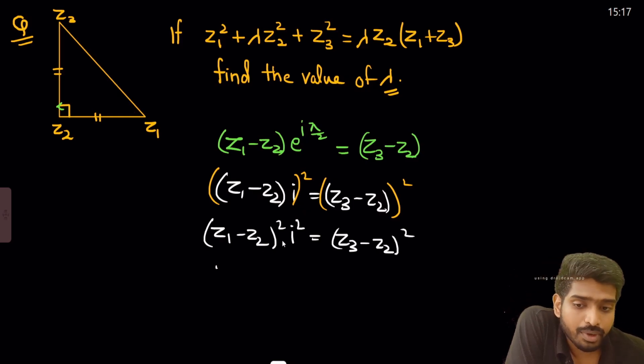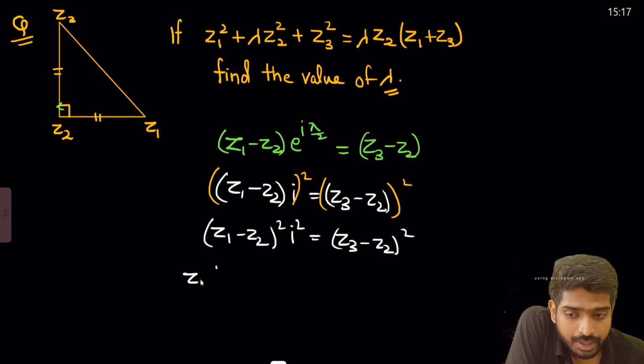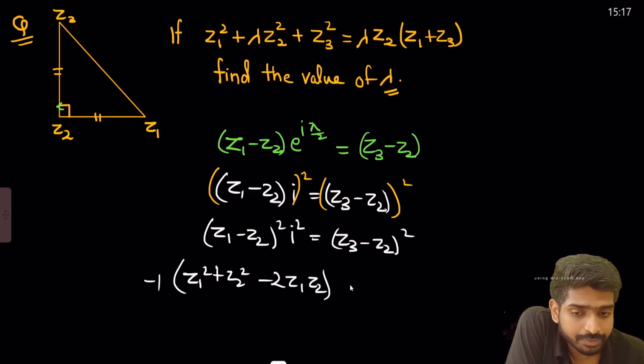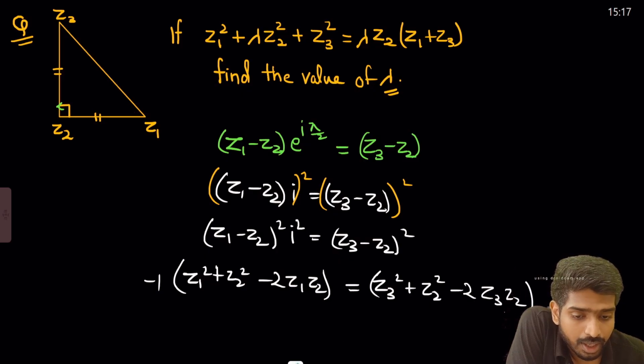Got it? So from here we'll get z1 square plus z2 square minus 2 z1 z2, and this iota square is minus 1, is equal to z3 square plus z2 square minus 2 z3 z2.